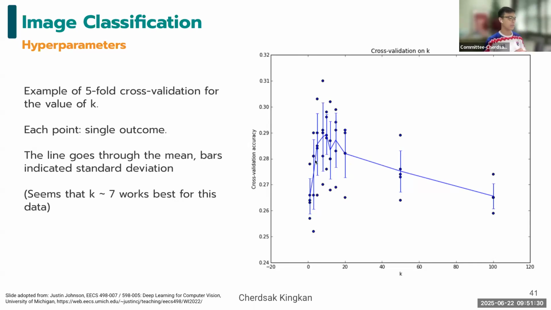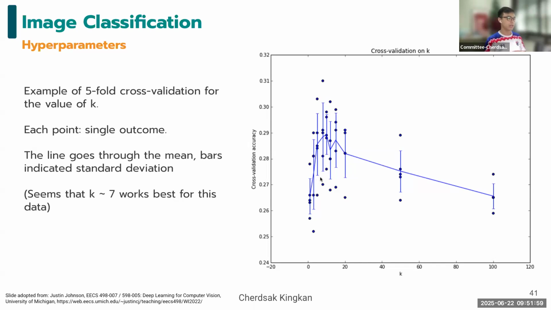So for example, here we have 5 folds, at K equal to 5, K equal to 7 around this area. With 5-fold cross validation, we keep shuffling the fold used as validation. So here we're going to get 5 dots, because we perform that 5 times.